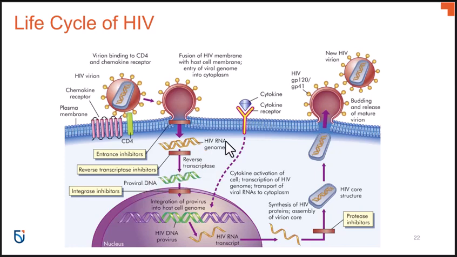These are going to prevent RNA, HIV RNA, from becoming DNA. There's also integrase inhibitors. These would prevent the viral DNA from entering into the nucleus. There are also protease inhibitors, which would prevent the development of this new structure that's being formed.